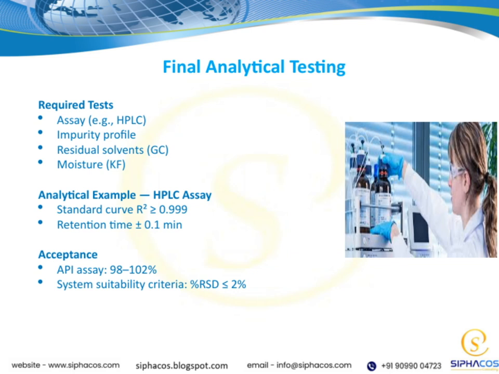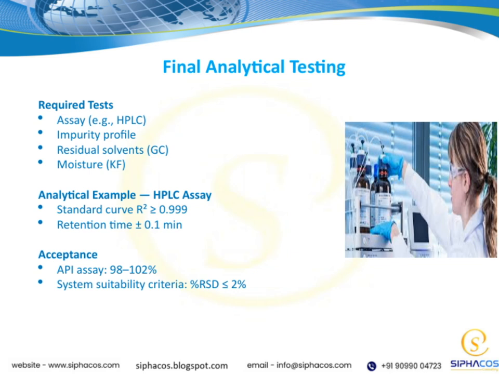Moving on to an example of an HPLC assay, a key point is that we require a standard curve with an R-squared value of at least 0.999. This indicates a very high correlation and accuracy in our measurements. Additionally, the retention time for the analyte should be consistent, within plus or minus 0.1 minutes, to confirm the method's reliability.